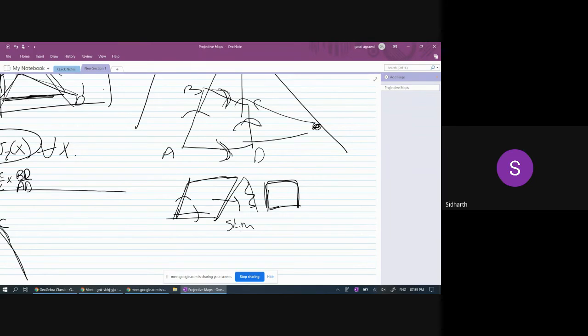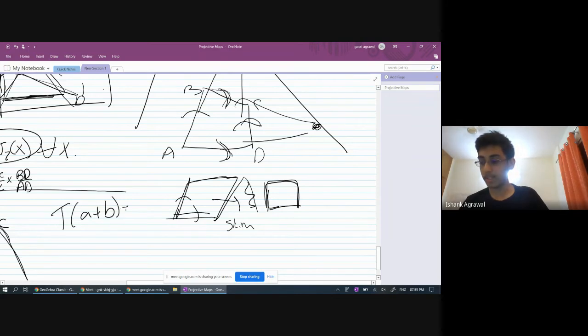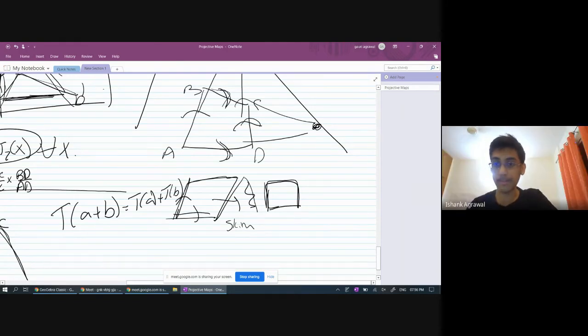Are all affine transformations not definable as perspectivity combinations? No, affine transformations preserve this fact that T of A plus B is T of A plus T of B. But they also basically preserve the cross ratio and all those other facts, right? There are maps that preserve cross ratio, but they don't preserve this linearity, like I just showed you.